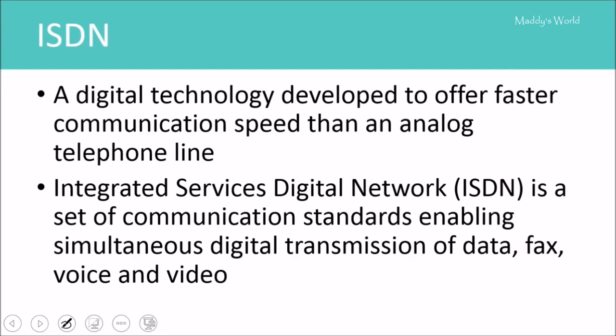ISDN is a set of communication standards that enable simultaneous digital transmission of data, fax, voice, and video. Another way of putting this is that it's a converged network because all those services are offered on the same line. And you probably see it on your screen there, but ISDN stands for Integrated Services Digital Network.